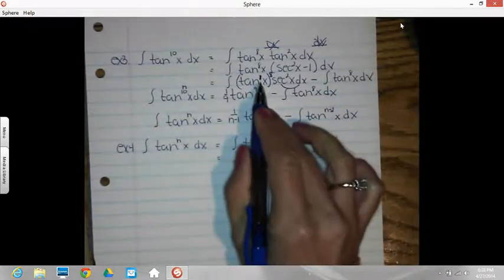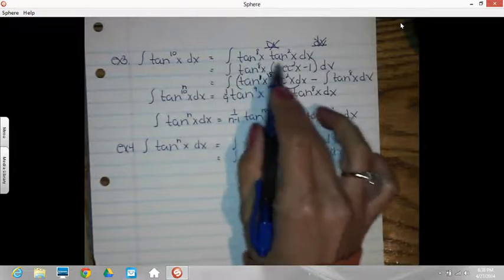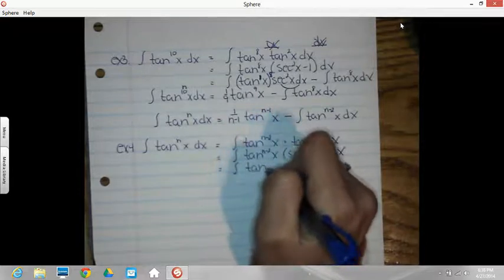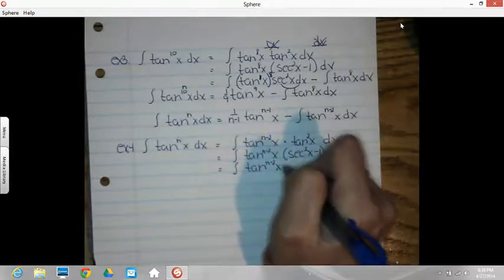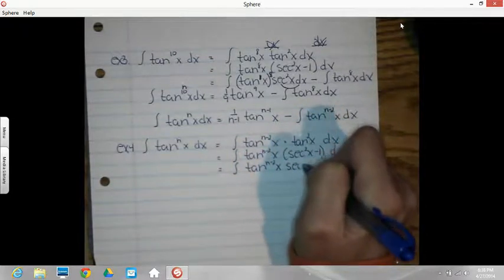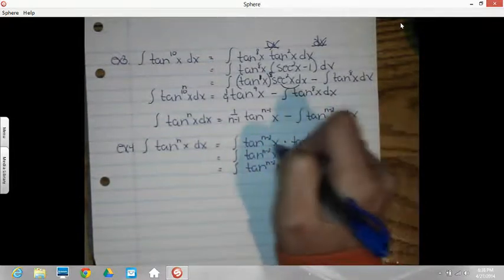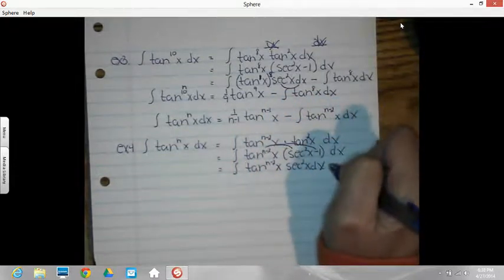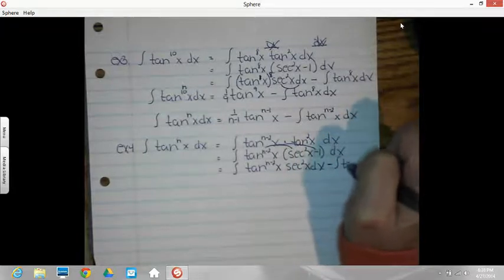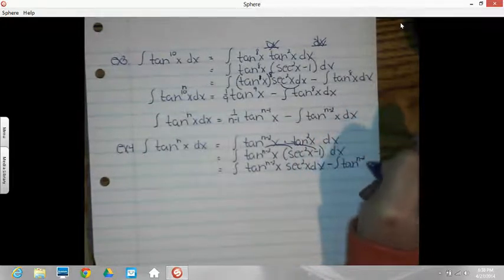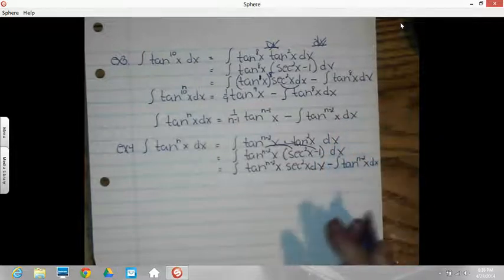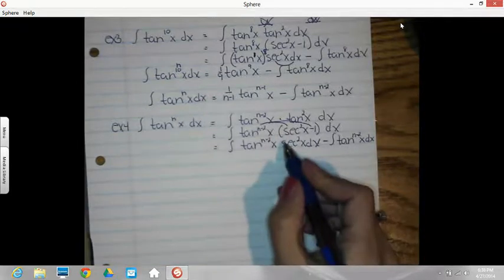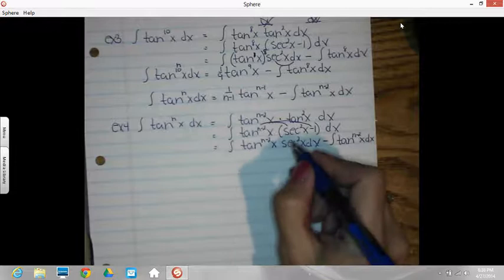Then if I look, the next thing I did was distribute the tan to the 8th in. So tan to the n minus 2 x times secant squared x dx. So just distributing there. And now the minus 1, so minus the integral of tan to the n minus 2 x dx. All right, just about there. Here I actually can integrate this because I can think of it as a power rule.